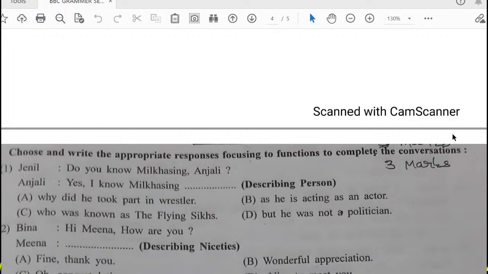These connectives always suggest describing a person. Here the use of who is already there in option C, who was known as the Flying Sikh. So Anjali's answer: yes, I know Milkha Singh, who was known as the Flying Sikh. So option C is right for the first one.